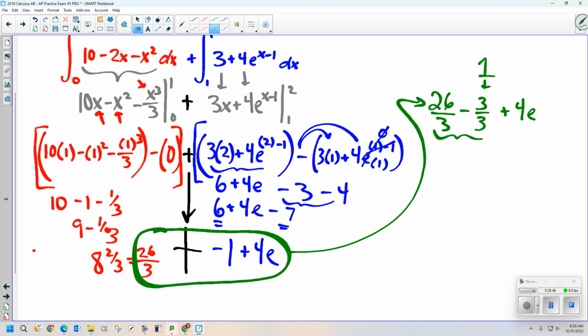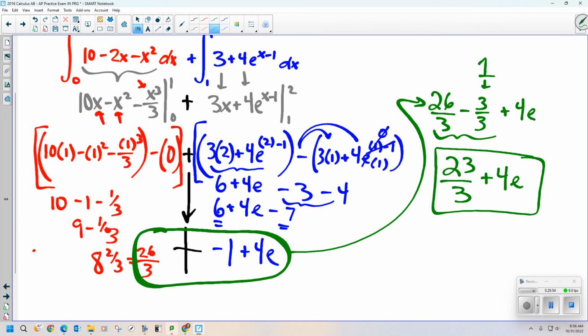When I combine these, I get 23 over 3 plus 4e. And that's all we can do. That wasn't so bad. I like it a lot. All right, we're done. 23 over 3 plus 4e.